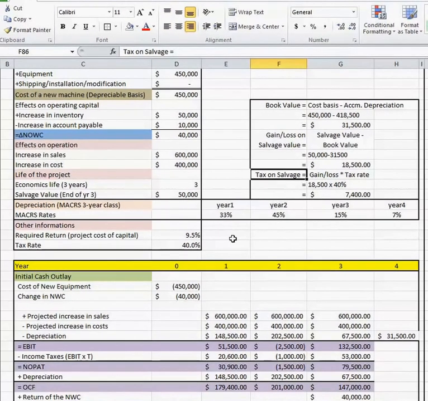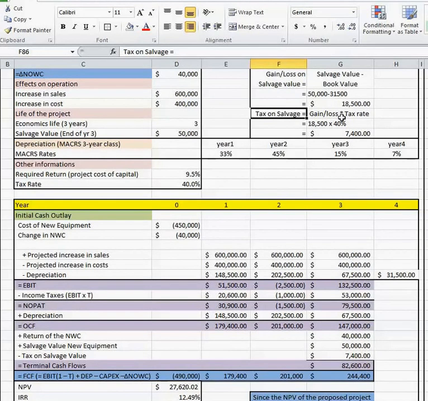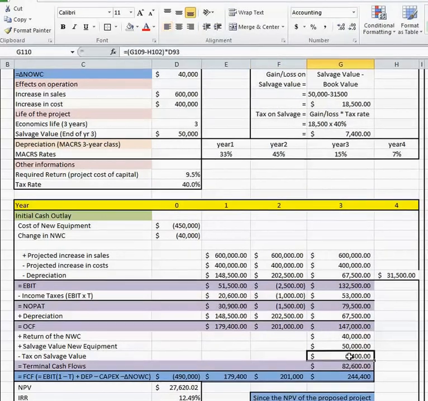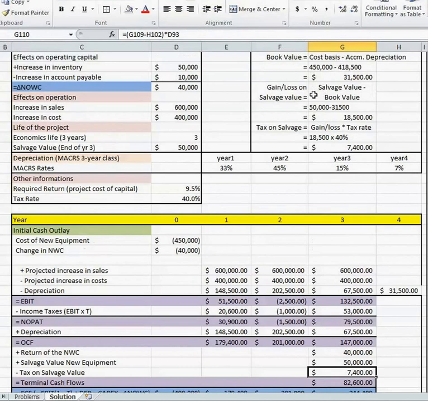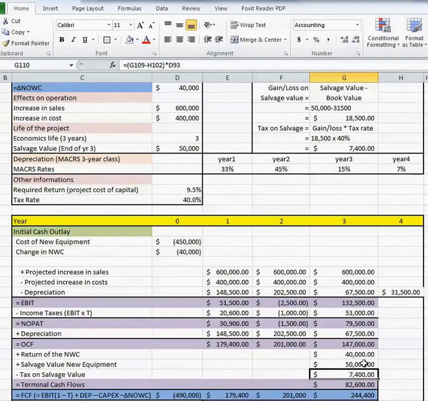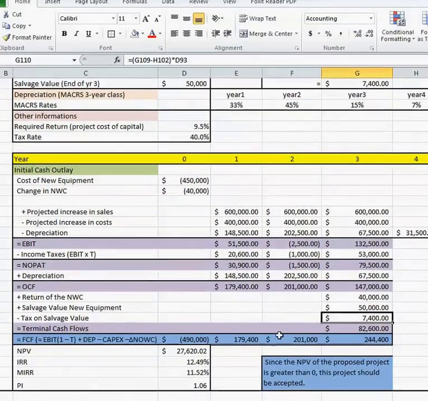Tax on the salvage value equals the gain or loss on the sale times the tax rate. So 18,500 times 40% equals 7,500. That's what I have here. I hope this information helps you to determine this part. If you can do this much, I think this project is pretty straightforward and easy.